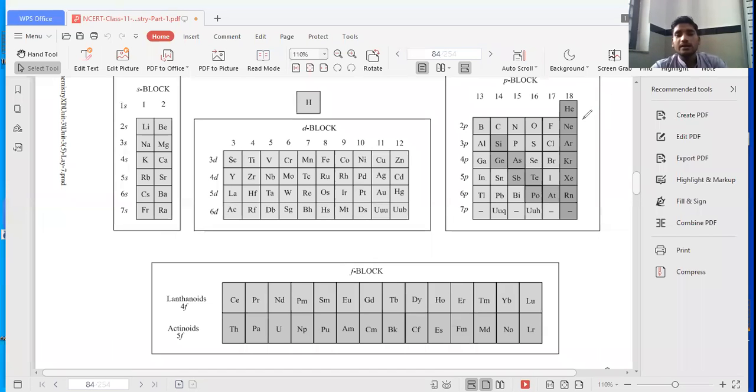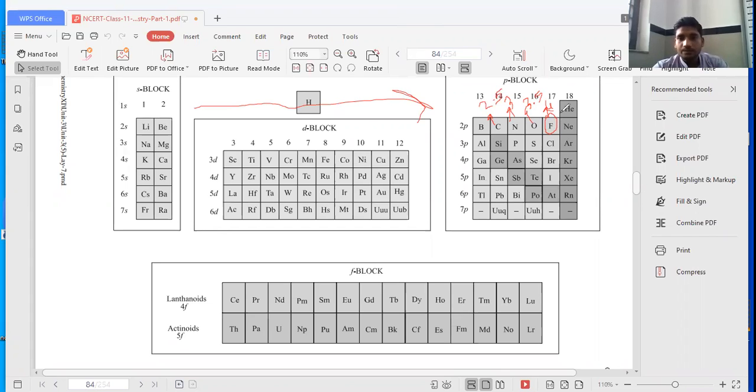Yes, you can see here, as you go along a period, electronegativity increases, right? Fluorine is having maximum electronegativity. I have already told you that value is 4. For oxygen, it is 3.5. For nitrogen, it is 3. For carbon, it is 2.5 something. All right.